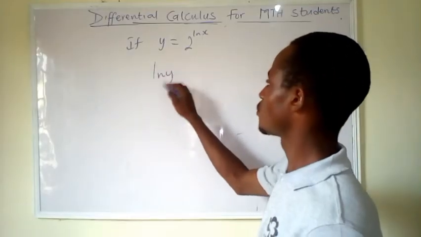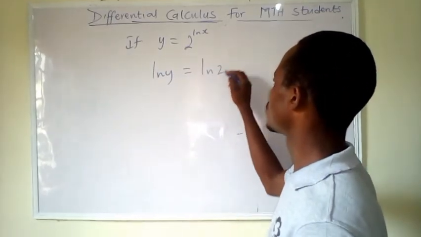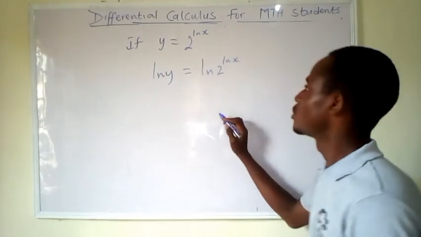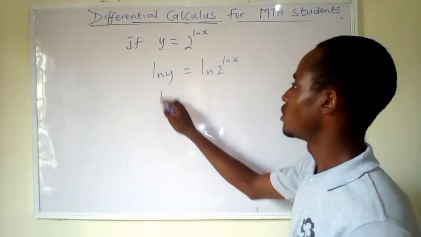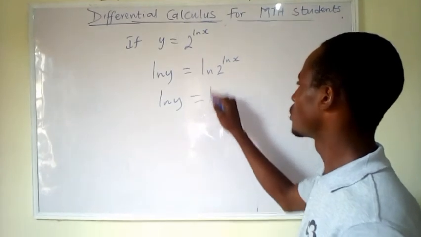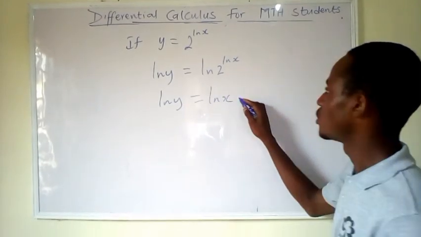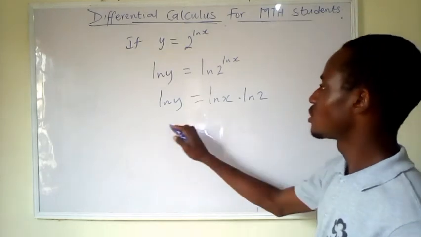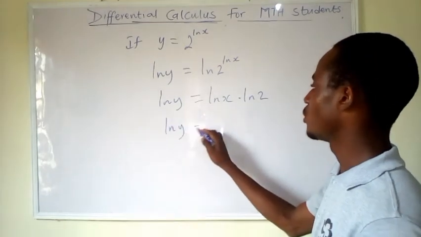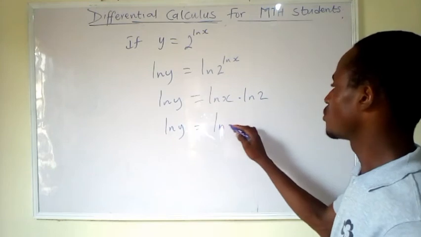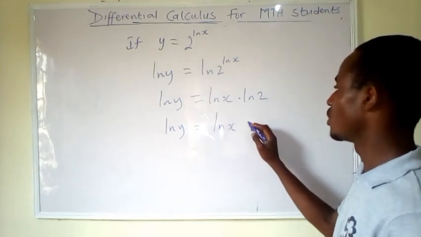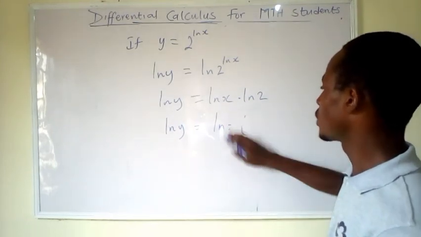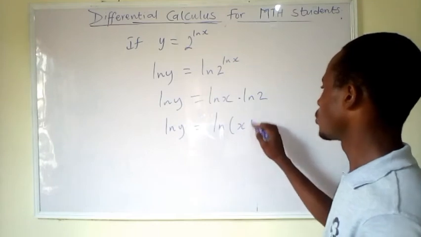So taking the ln of y equals the ln of 2 raised to the power ln x. So I think that gives us ln y equals ln x times ln 2. This is a product, so definitely we're going to have the ln of x plus 2.